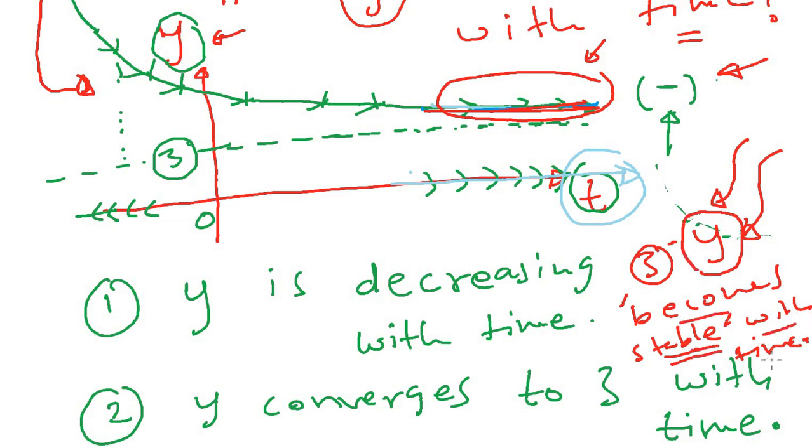Maybe it moves towards equilibrium with time. Remember, equilibrium means stability. And you could say maybe the equilibrium price in this market is 3, so that is why y becomes very close to 3 and becomes stable at around 3.